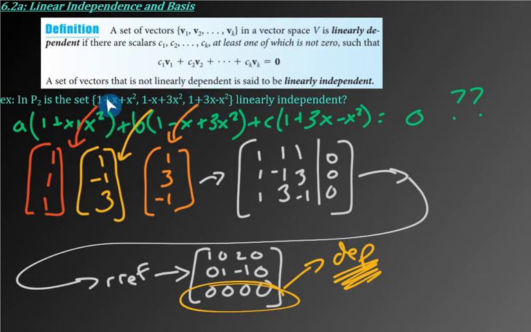I should be able to get to this one by doing some combinations of these 2. And this would actually even tell you the way to do it. But that's the idea. Here we can see that since there is a 0 row, there is a linear dependence going on with those 3 quadratics.